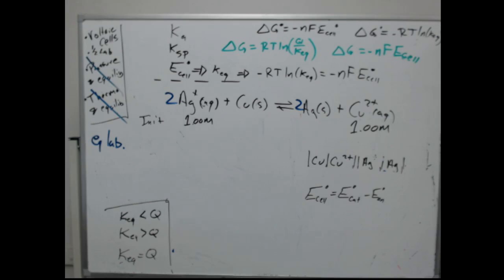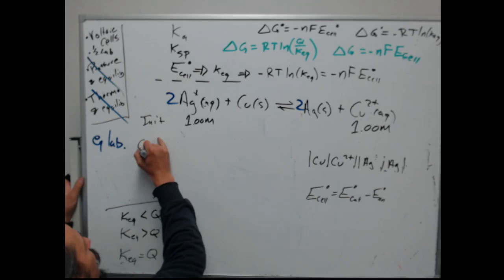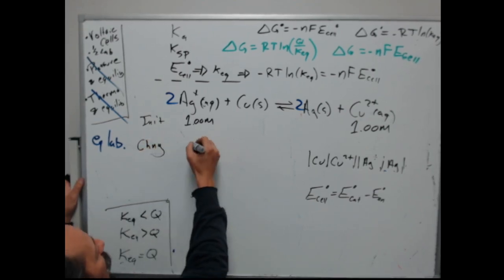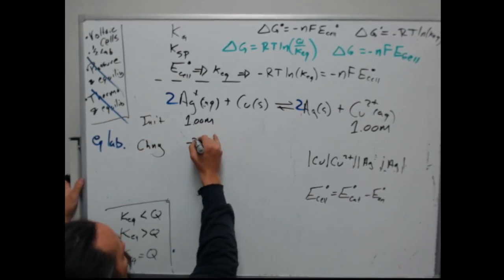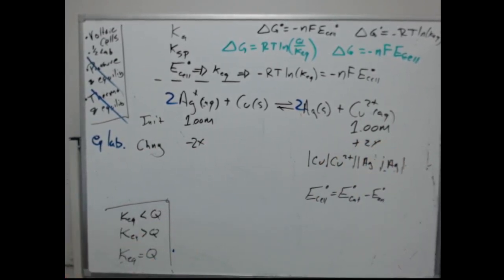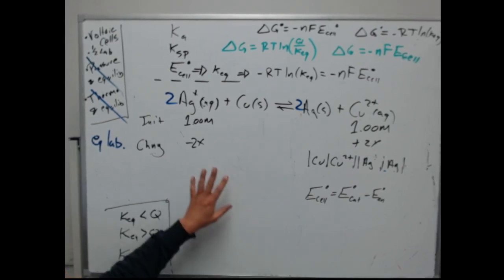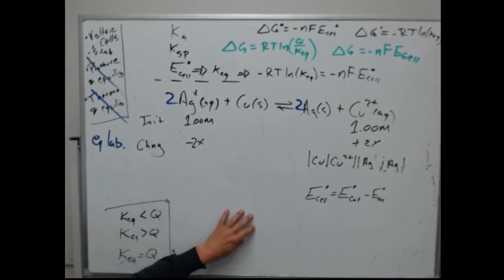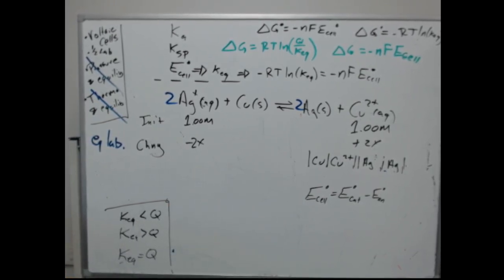And then if I did any change in concentration, that's my initial, and as I change, I'm going to have minus x, minus 2x, plus 2x. I can look at my battery as it's changing and say, where does my concentration end up as this proceeds towards equilibrium? Voltage should go to as the battery runs.